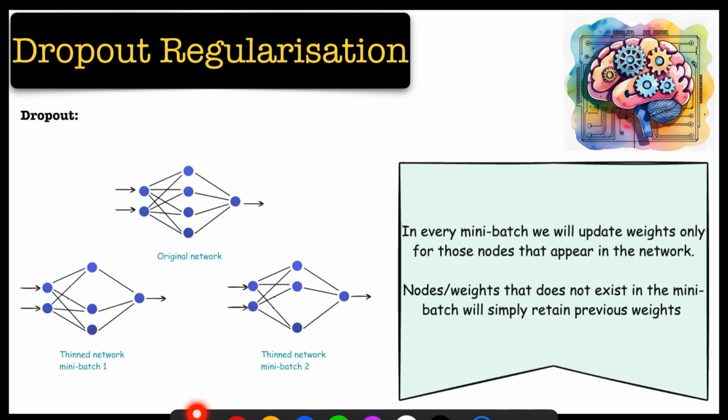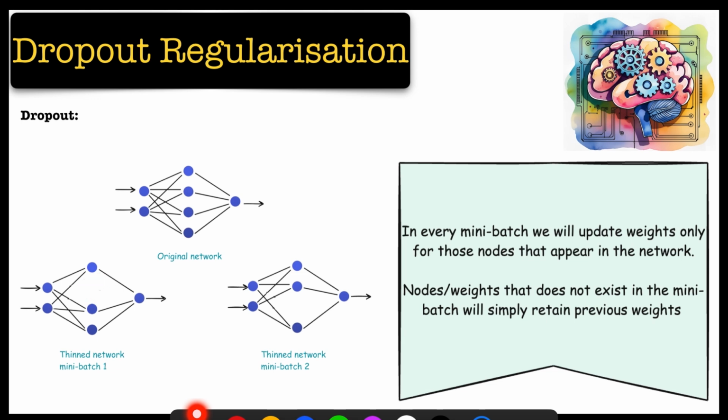Now how are the weights updated for each node? In this mini batch, this is the thinned network. These nodes are present, so we can update these nodes, right? But what about this node that is not present? In every mini batch, we update weights only for those nodes that appear in the network. Nodes or weights that don't exist in the mini batch simply retain their previous weights.